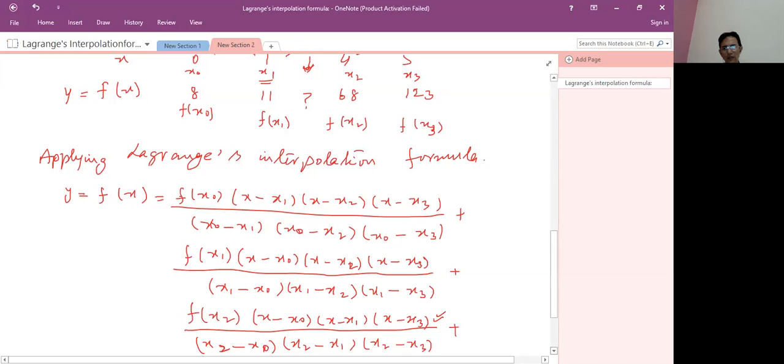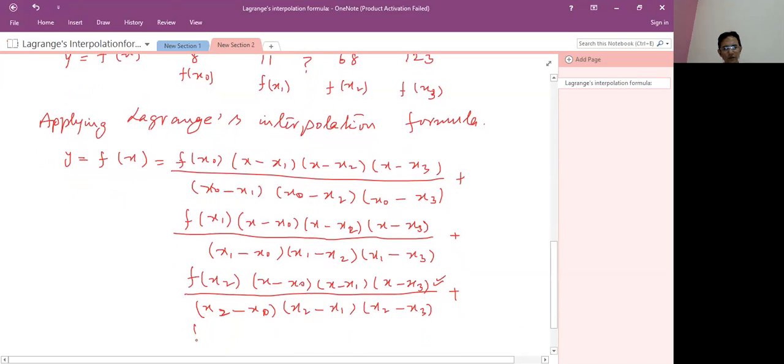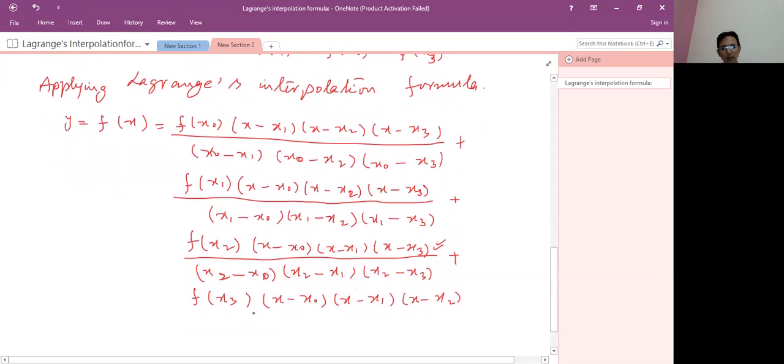Then the last, f of x3: x minus x naught, x minus x1, and x minus x2, then stop, because x minus x3 would be 0, so we will not consider it.